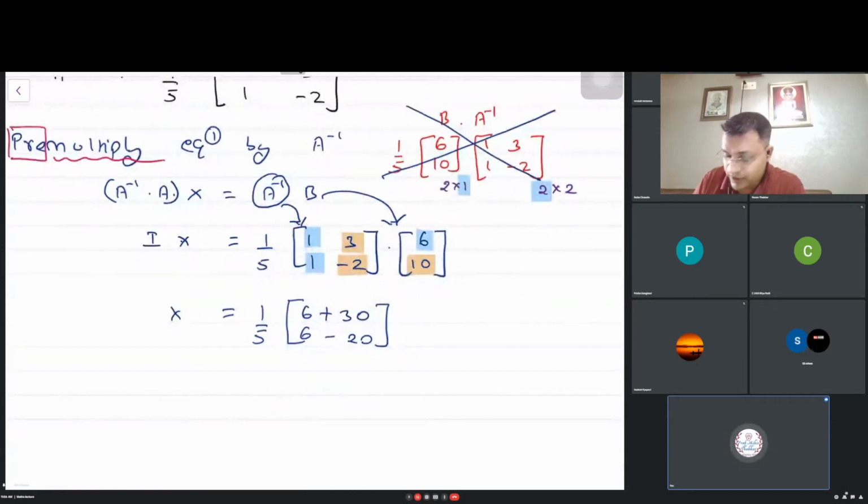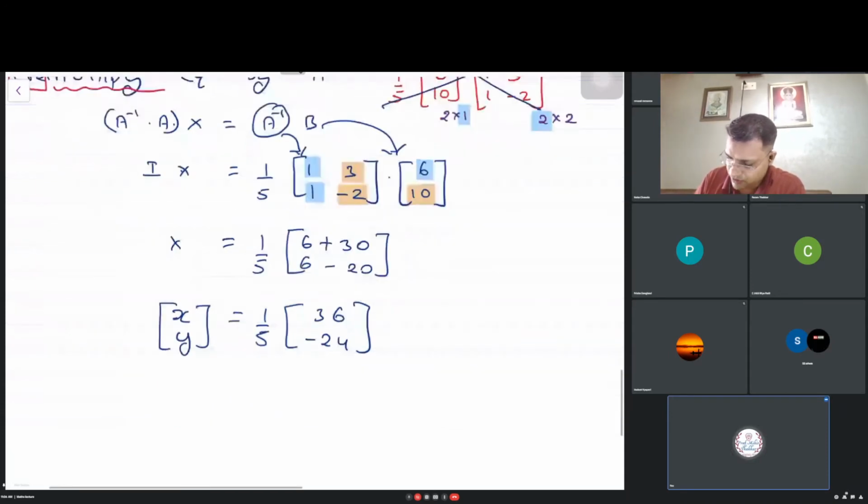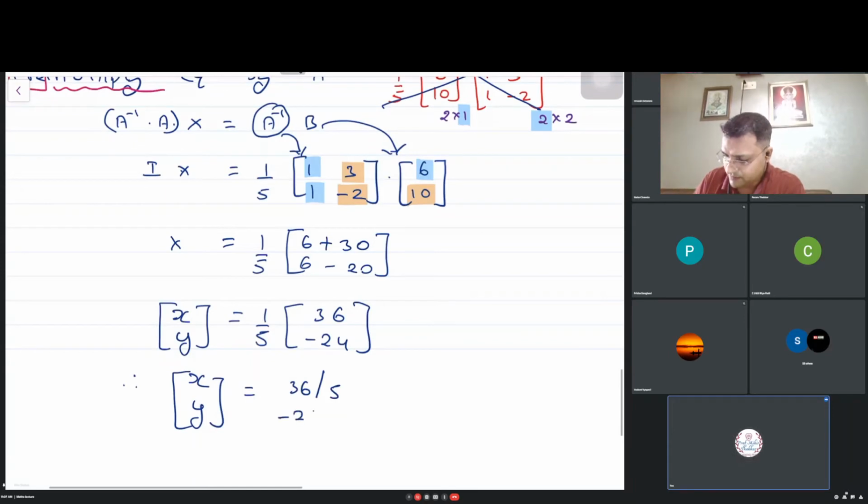So what is your X? It is actually the matrix of the variables X and Y. 1 by 5, 36 minus 14, which is equal to X, Y. Oh, sorry, you are right, my mistake. Minus 14. Thank you.